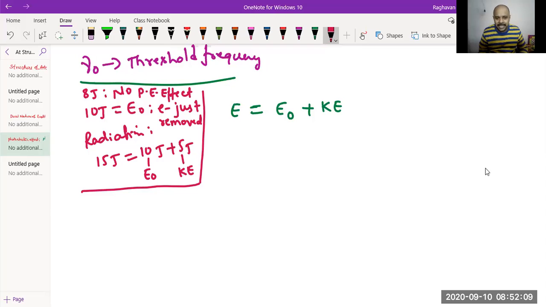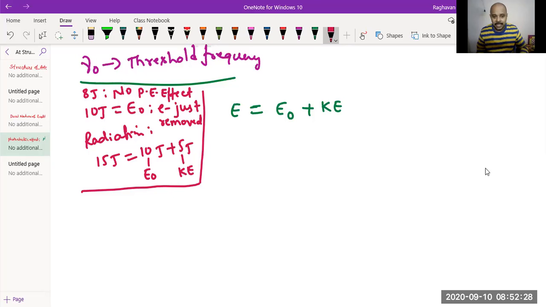So that's why I have written E here in green. E is the energy of the incident radiation. If that energy is greater than threshold energy, then a part of the energy is used for removing the electron, which is nothing but E naught. The remaining part of the energy will be imparted to the electron as kinetic energy.